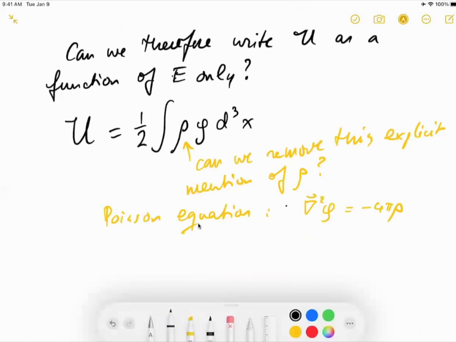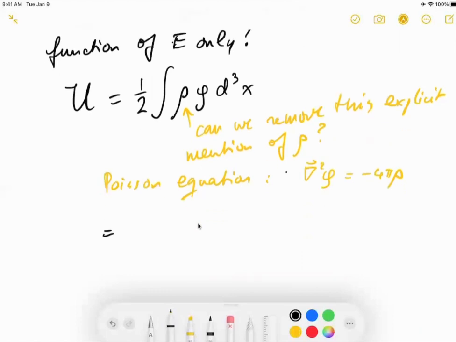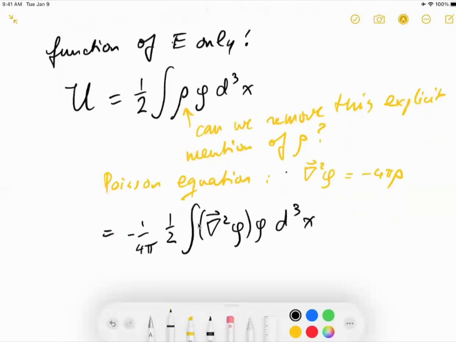So that means that we can write this as 1/2 integral of the Laplacian of phi multiplied by phi, and we're integrating all of that, carrying minus 1/4, of course, to keep everything the same.